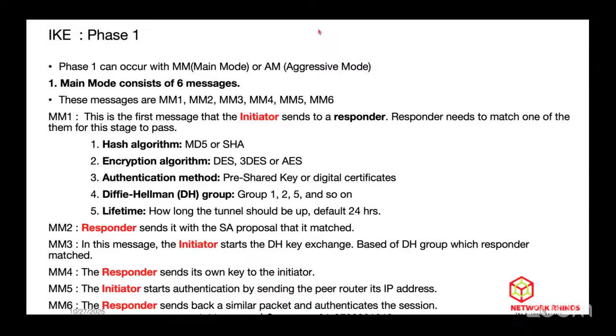In MM5, the initiator starts authentication by sending the peer router its own IP address, and for the last, MM6, they will respond back. This might be confusing before you do the lab, but once you finish your lab, it will become easier. So please write this down on a paper or notebook.